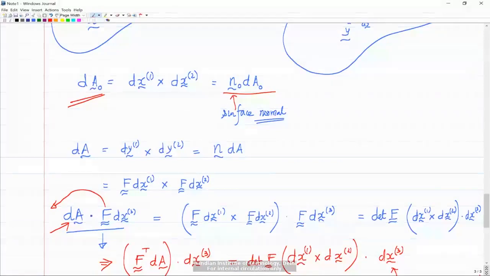See, this n naught is the surface normal. It is not the direction of line element. So very good question.